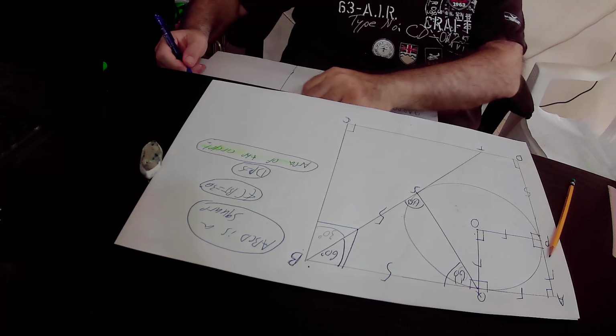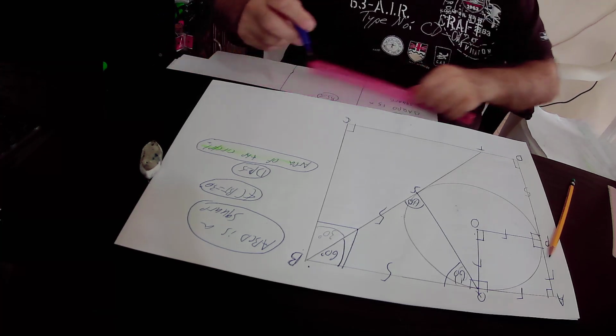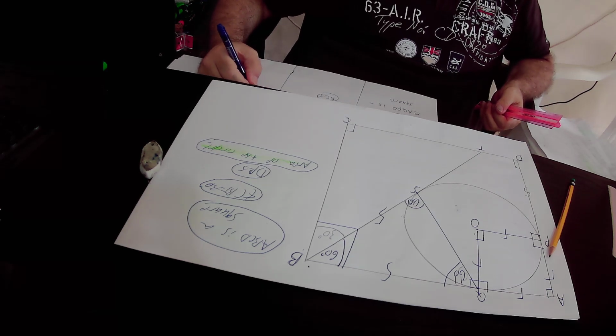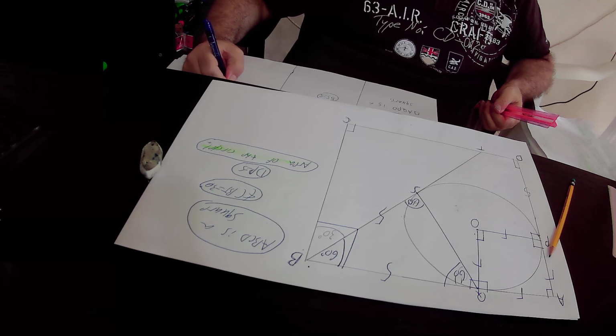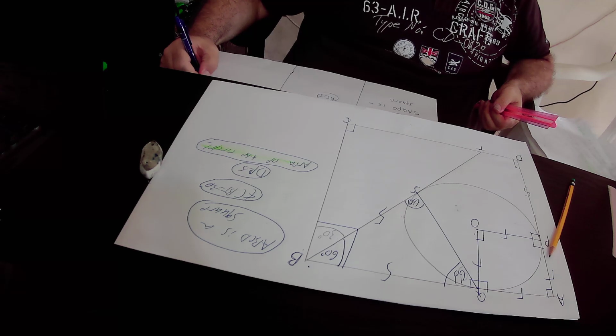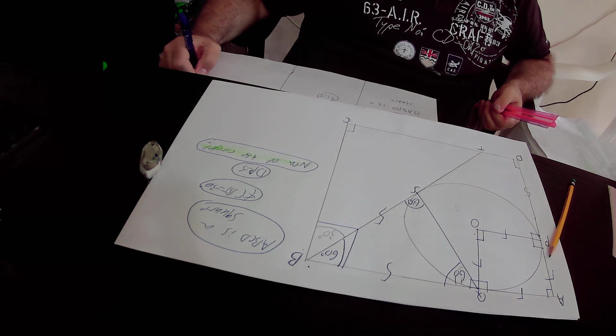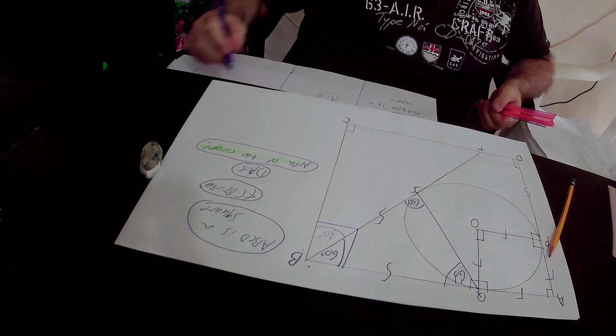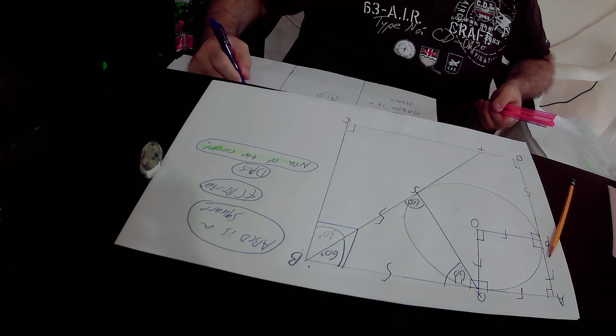Therefore, triangle QBS is an equilateral triangle, because all of its angles are equal to 60 degrees.